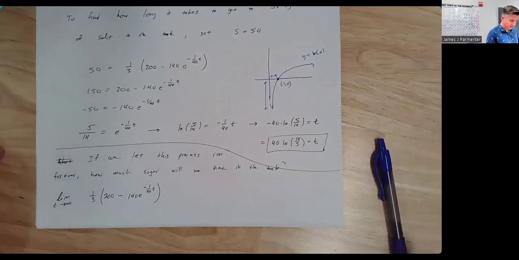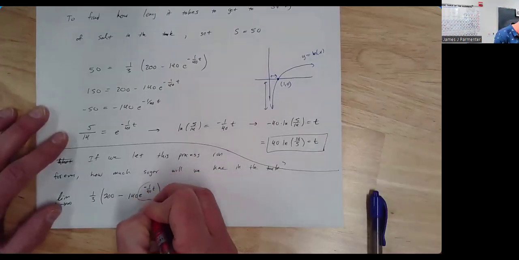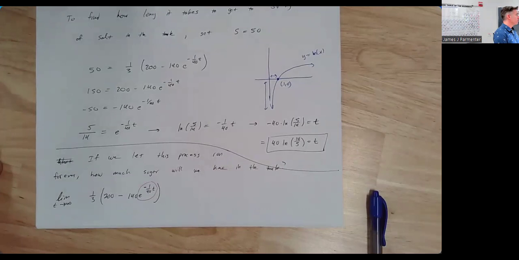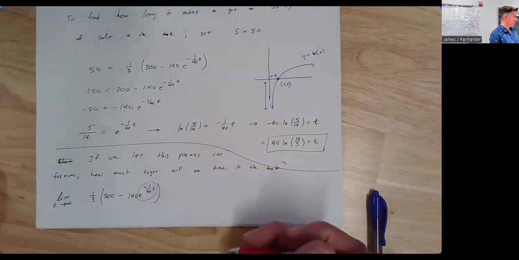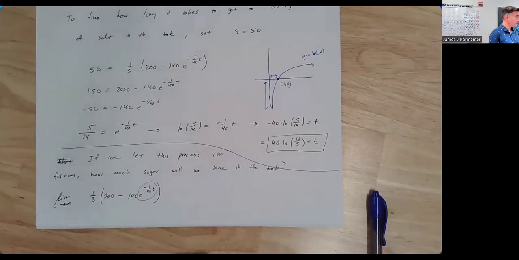As t goes to infinity, what happens to e to the negative 1/40 times t? Is that getting big? Is that getting small? Well, are we getting e to the infinity or e to the negative infinity? Point to the left if you think it's negative infinity, point to the right if you think it's positive infinity.